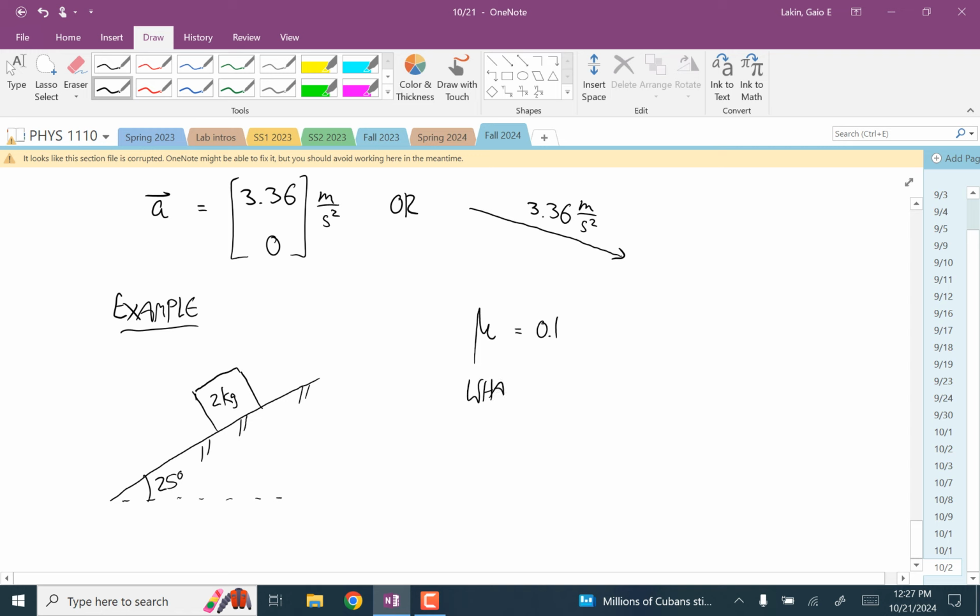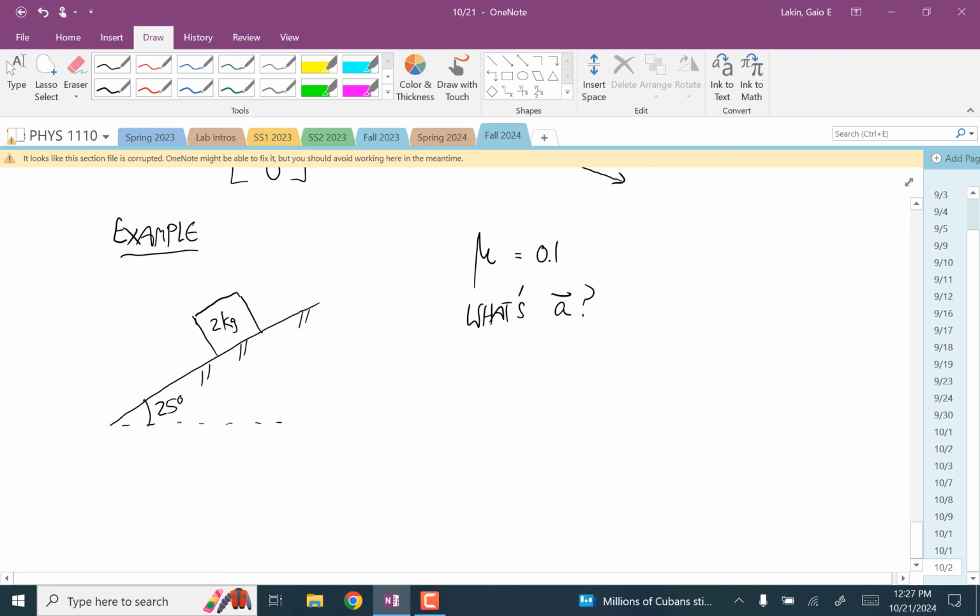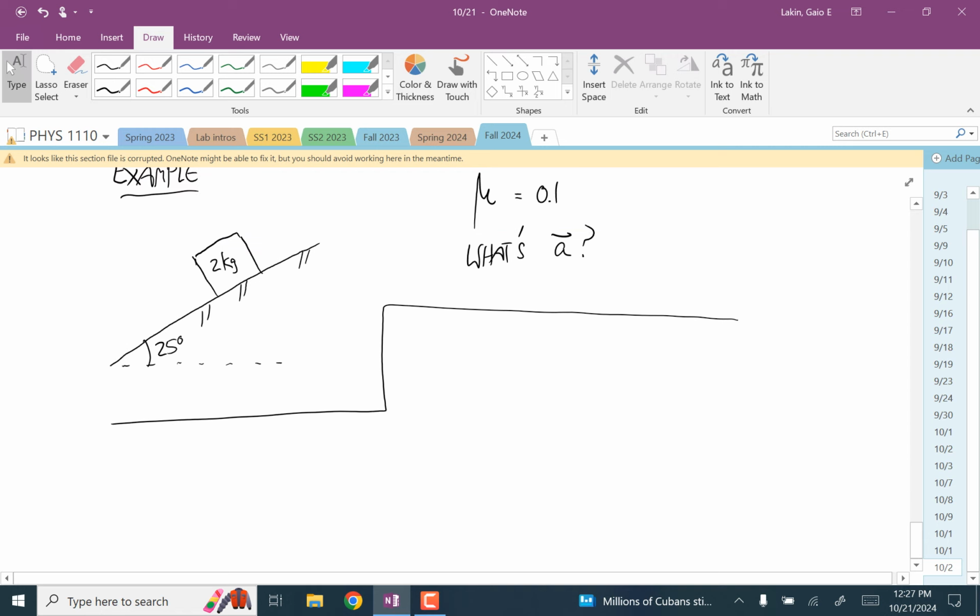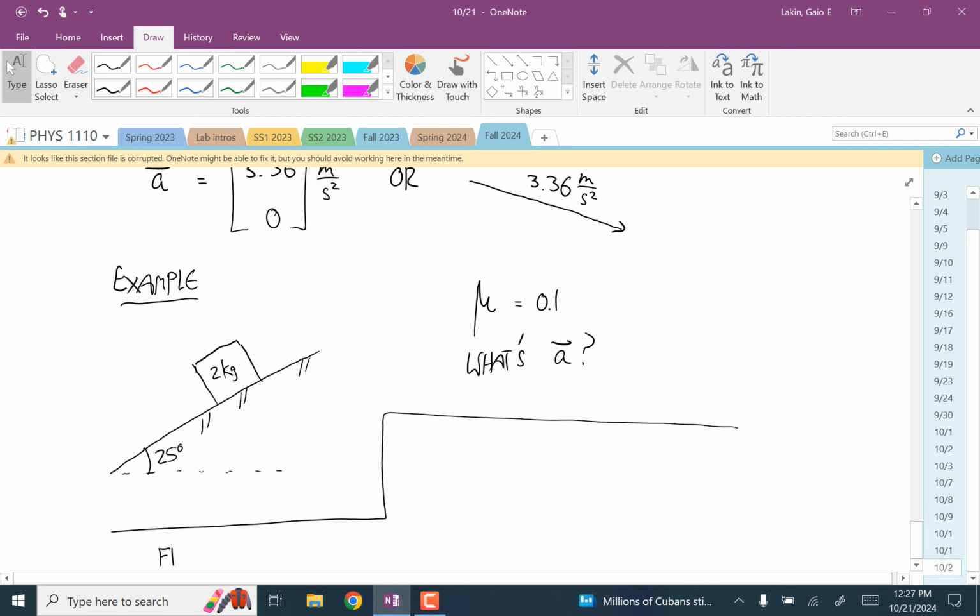And we want to calculate the acceleration vector again. So I'll start with a free body. Oh, and well, I didn't give you the thing I just said I need to give you. For a friction problem like this, I have to tell you which direction it's moving. So let's say that at this instant, it's moving down the ramp. So that's the direction of the velocity.